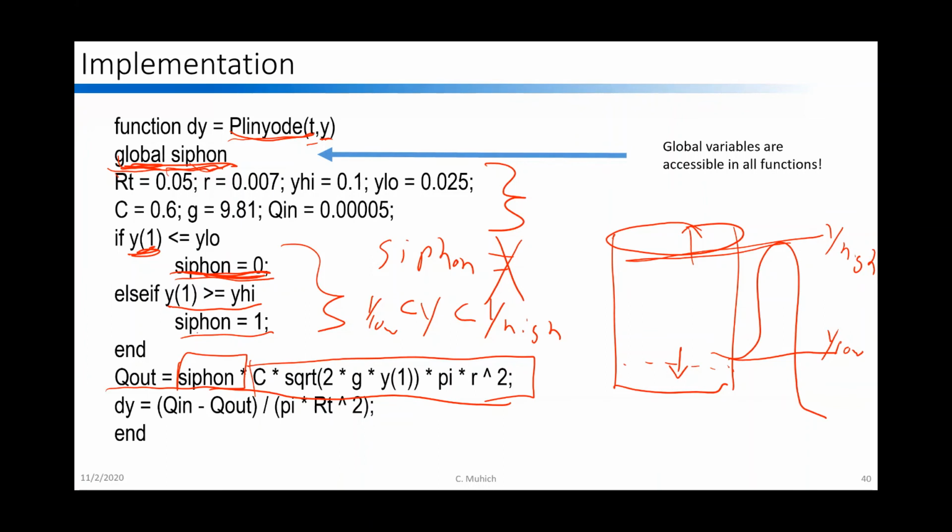If siphon is 1, it behaves just like it normally would. I then can define my change in y as q in minus q out over pi R_T squared, and that's going to solve that function. In essence, I have this siphon variable that's going to be determined, and it's not passed into or out of this function, but it's known throughout the system. And we have these if statements that are going to change the behavior of this function depending on that global condition.